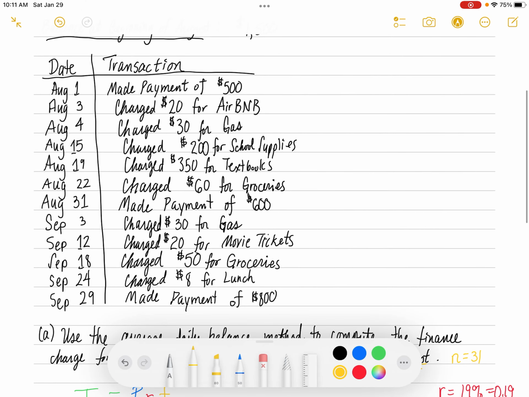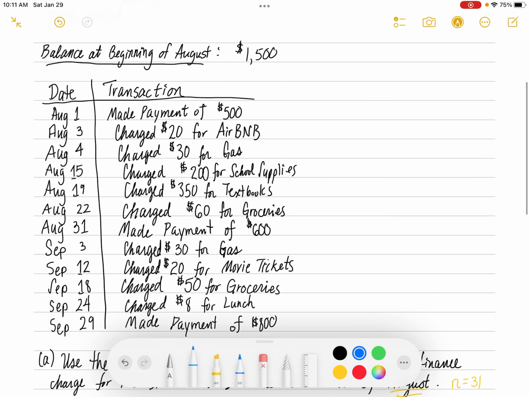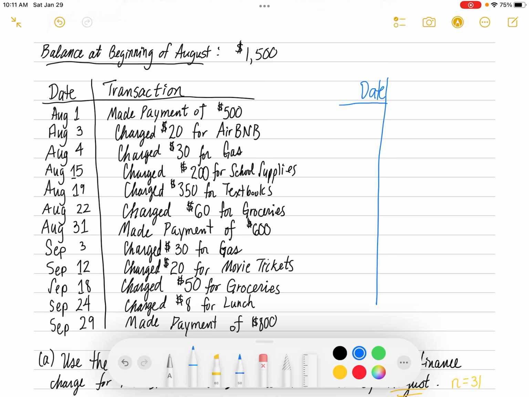So I'm going to go up here and make a new table. It involves dates on one side and balances on the other side. Balances that are subject to interest charges, we'll say balances charged interest. So let's look at day 1, August 1.